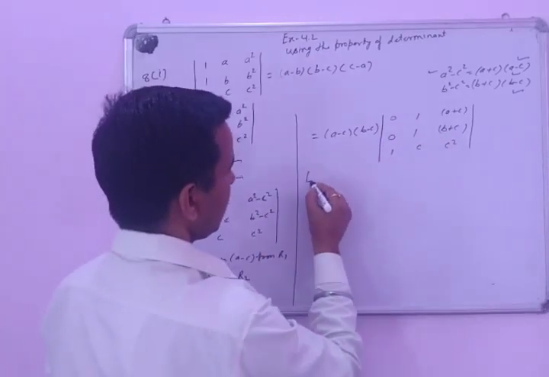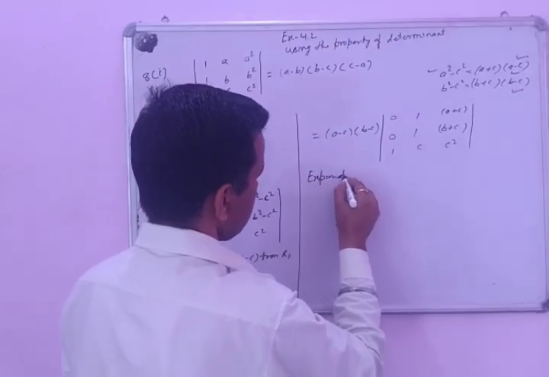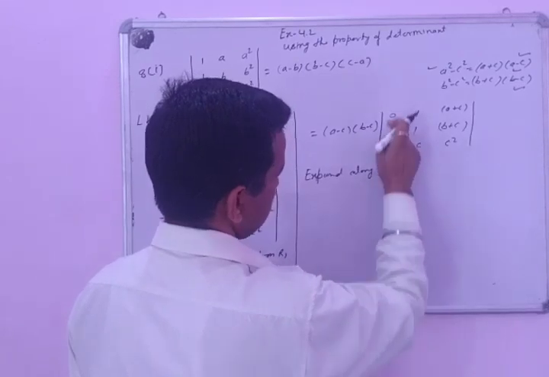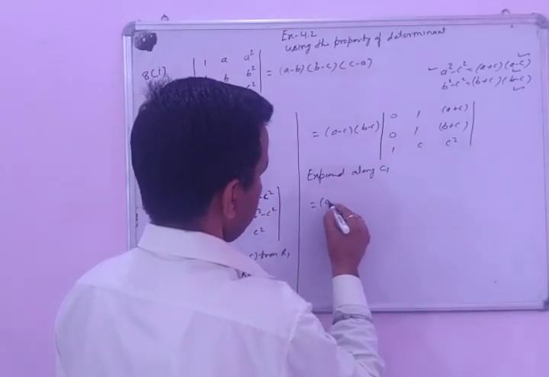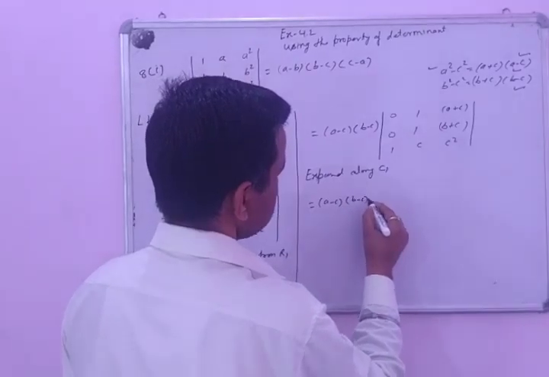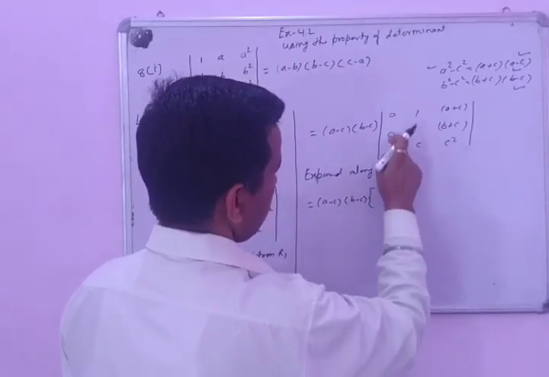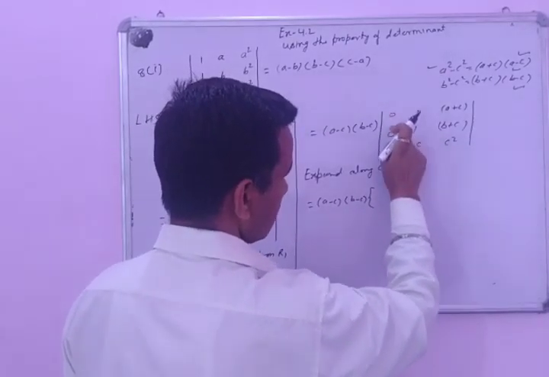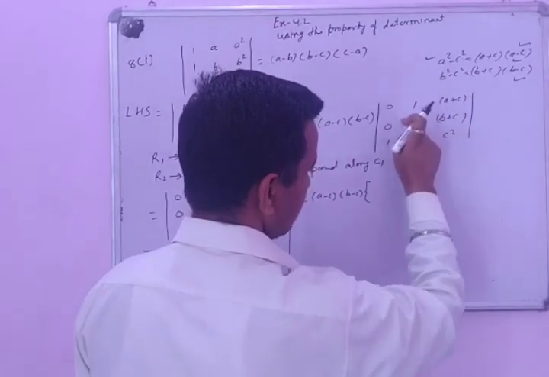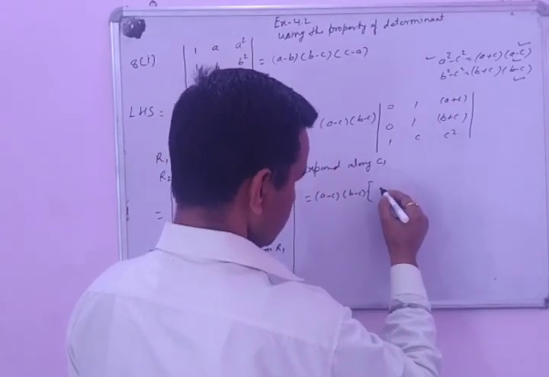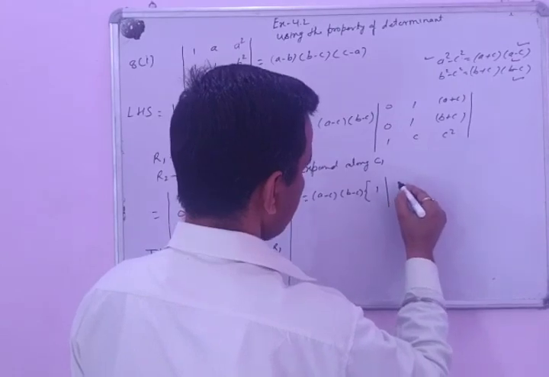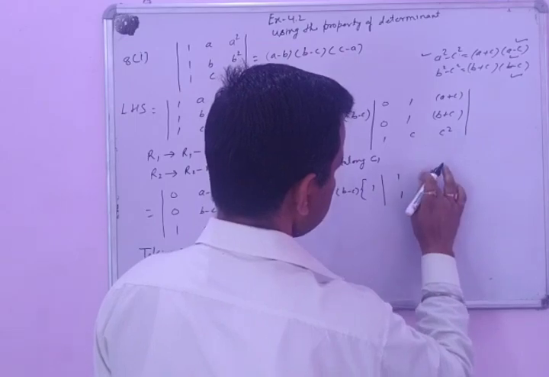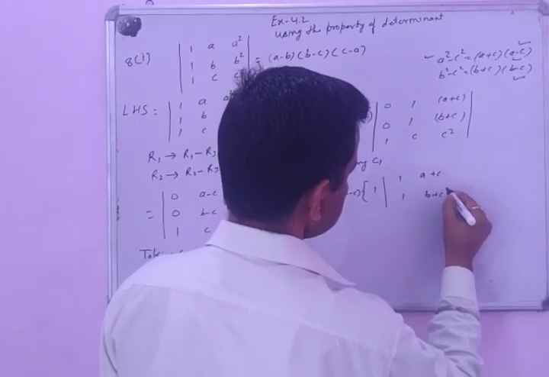Expanding along this column, a minus c, b minus c, and the first column and third row will be hidden. What is left here is 1, b plus c and 1, a plus c.